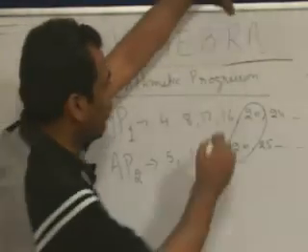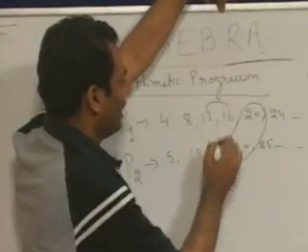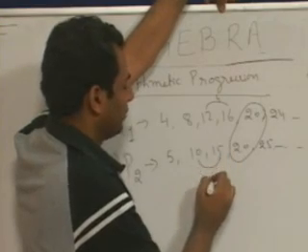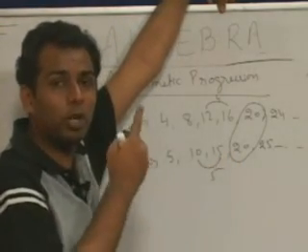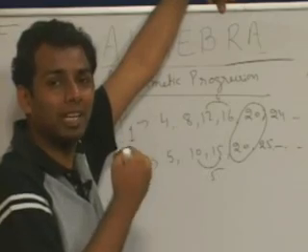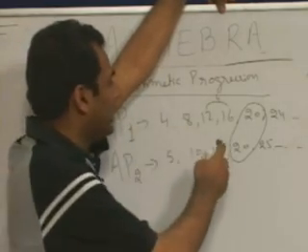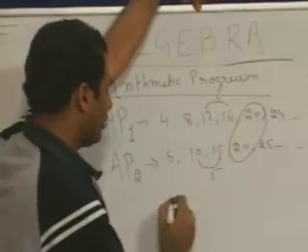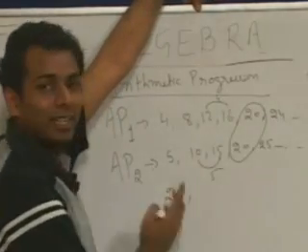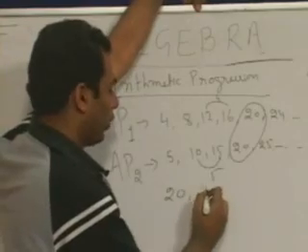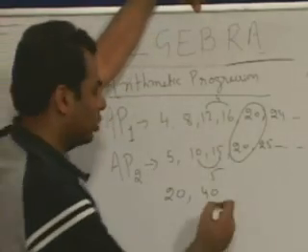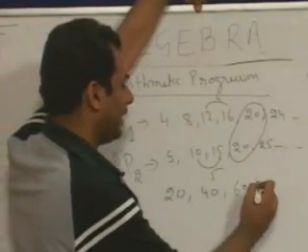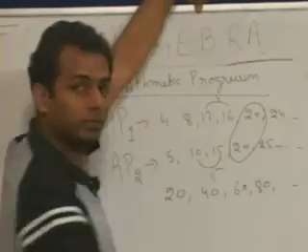Here the value is increasing at a gap of 4, and here at a gap of 5. The common term will always be at the gap of the LCM of 4 and 5, which is 20. So the first common term is 20, the next common term will be 40, and the next common terms will be 60 and 80 and so on.